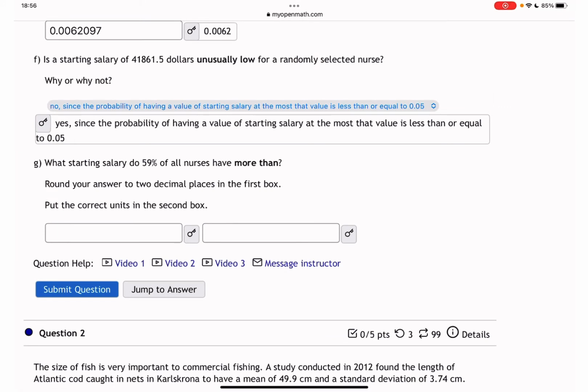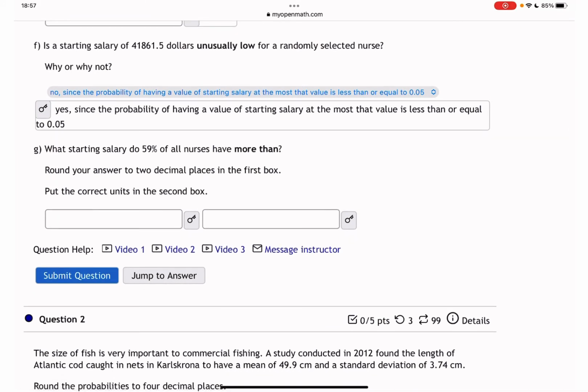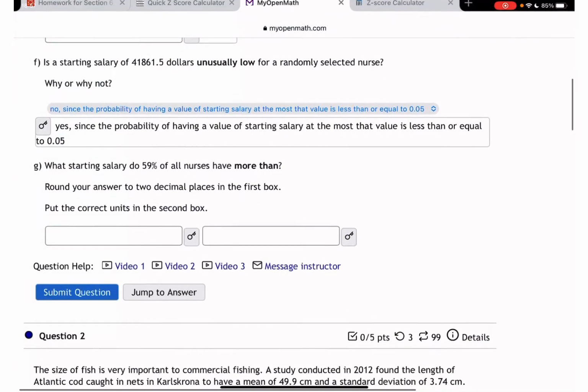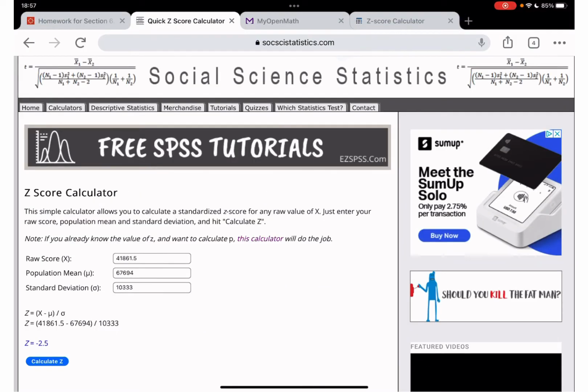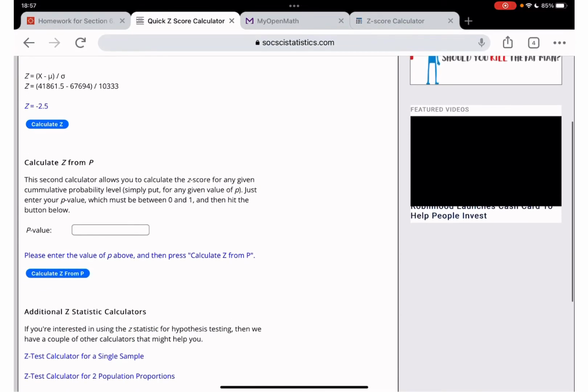Okay. Next. What starting salary do 59% of all nurses have more than? So more than, which means we need to take 59%. Let me see where we can find. Oh, it was here. Since we need to know if it's more than 59%, that means we need to subtract from 1.